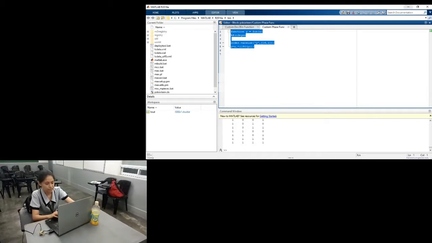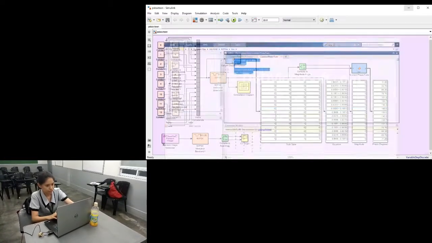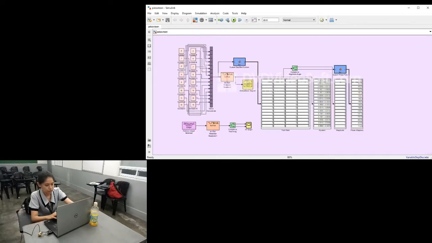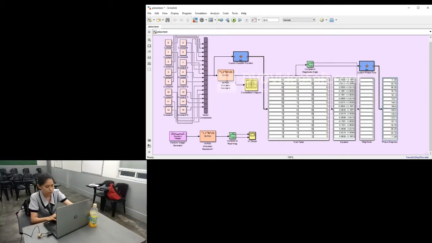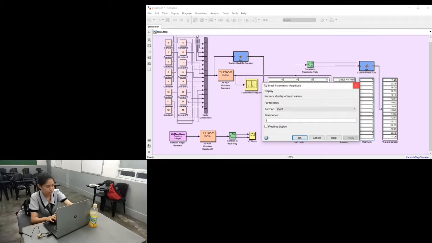By this, the output phase of the complex magnitude angle block will be converted from radians into degrees. After converting from radians to degrees, this was connected to the phase display block. By that closed system, the constellation diagram, truth table, equation, magnitude, and phase can be simulated.